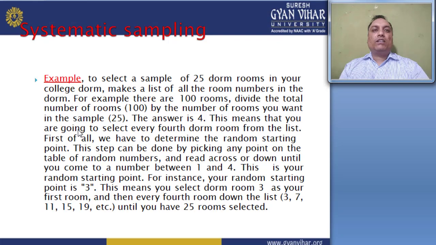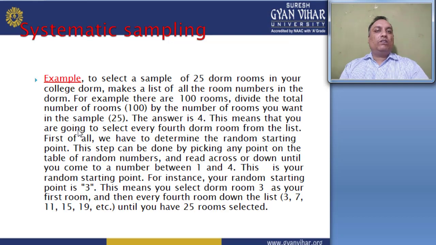first of all you have to determine the random starting point, and this step can be done by picking any point on the table of random numbers and reading across or down until you come to a number between 1 and 4, and this is your random starting point.